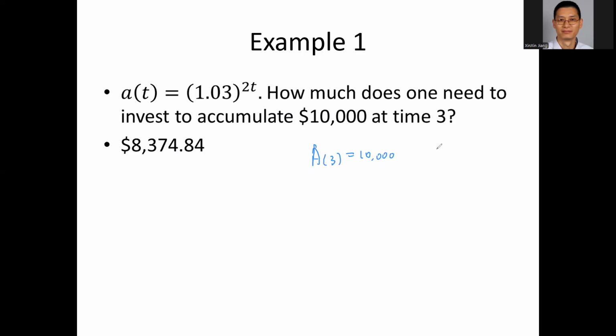This equals A of 0, which is the principal we're looking for, times 1.03 to the 2 times 3, which is 6. That's not very difficult to find. So A of 0 equals 10,000 divided by 1.03 to the 6.